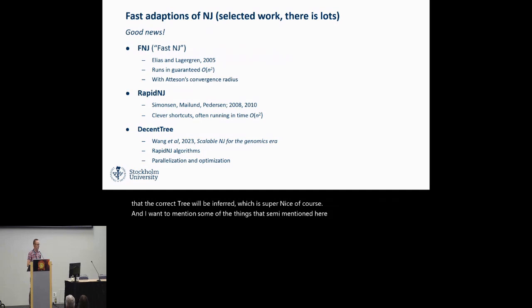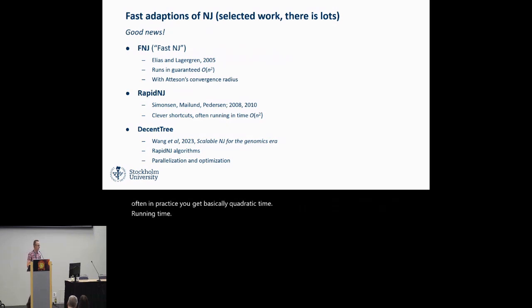And I want to mention some of the things that Sami mentioned here too. Fast neighbor joining by his supervisor Jens Lagergren is interesting. It takes ideas from Atteson's proof on the convergence radius to get quadratic time complexity, something neighbor joining inspired, but it doesn't perform so well when you move away from high quality distances. And then you have RapidNJ, which I think one should mention because it's super fast. Often in practice, you get basically quadratic running time.